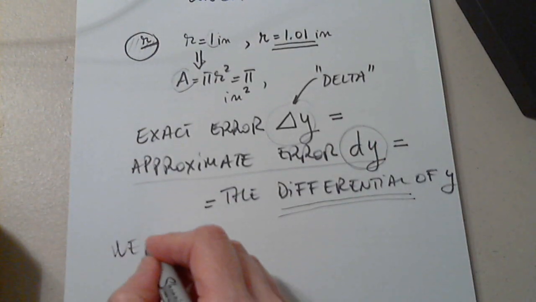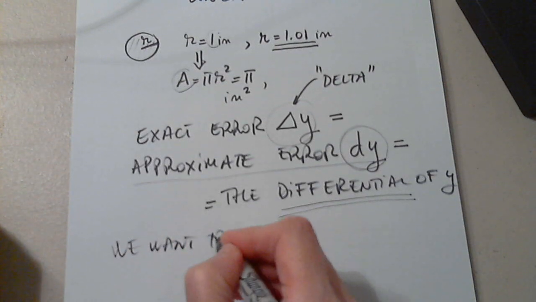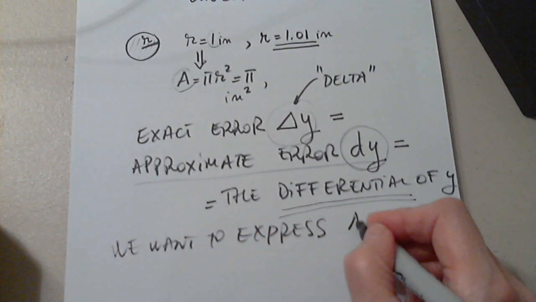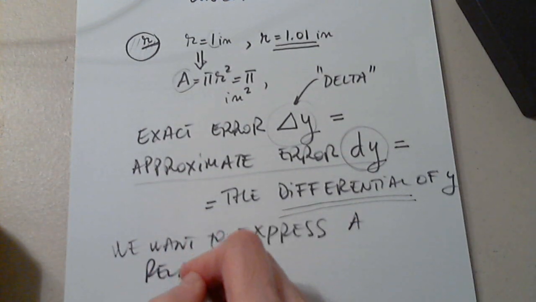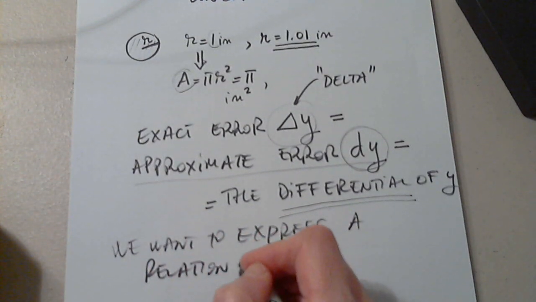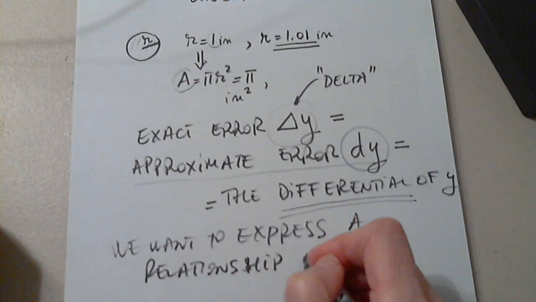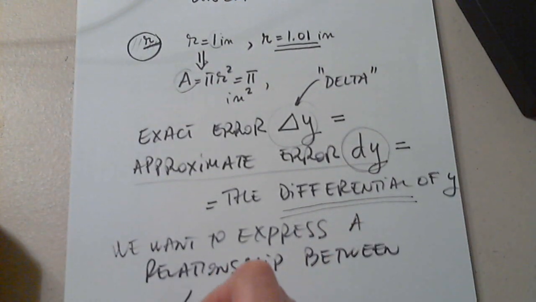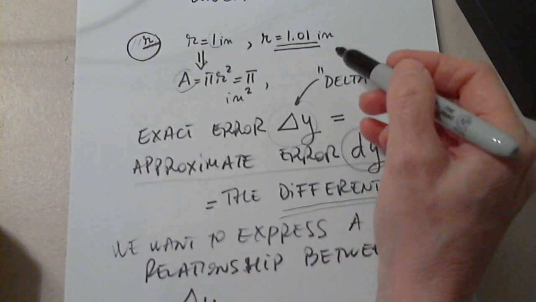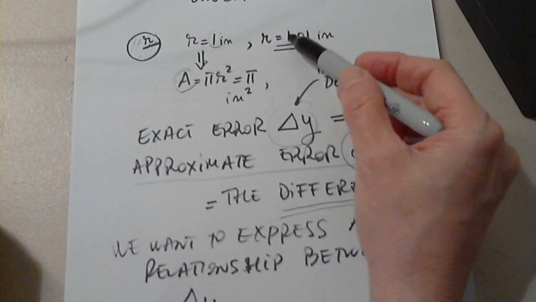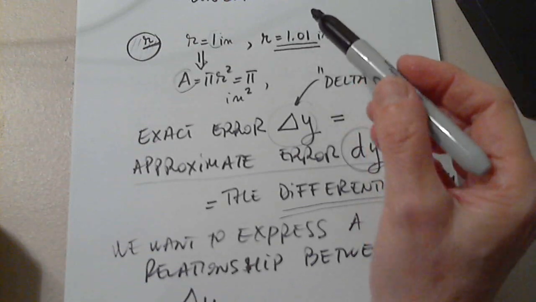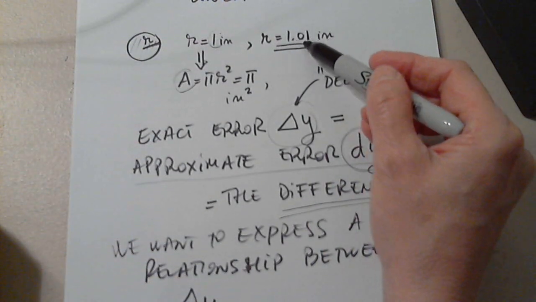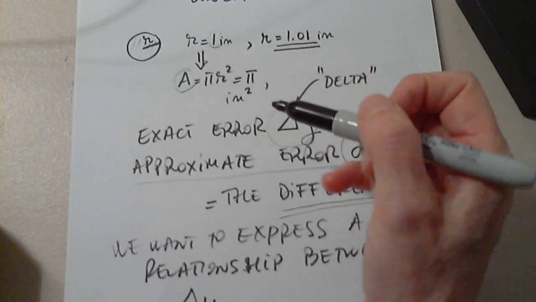We want to express or find a relationship between the exact error in the function created by this tiny error in x, or the radius.